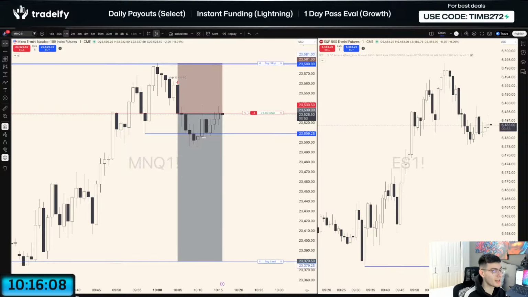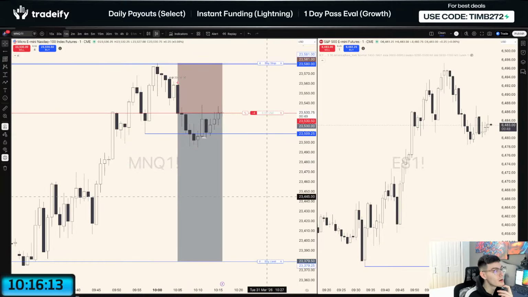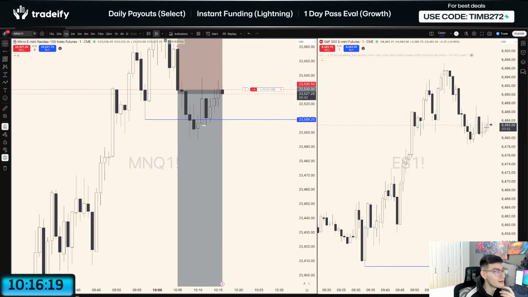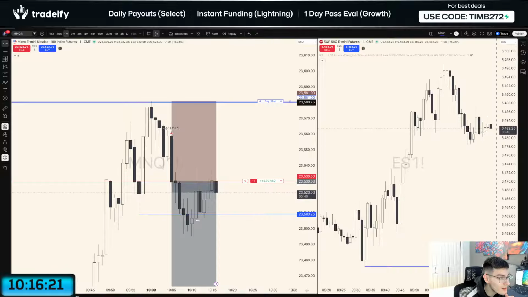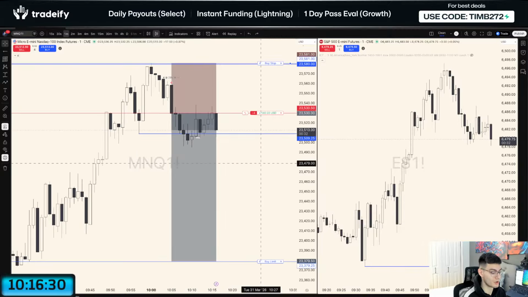What is with this? As soon as I entered, we're just chopping. I really want to get rid of this drawing at previous day high. I don't know why it's bothering me. Can you let me click this line? Hello, Nasdaq? That's what I'm talking about. There we go, no more line.